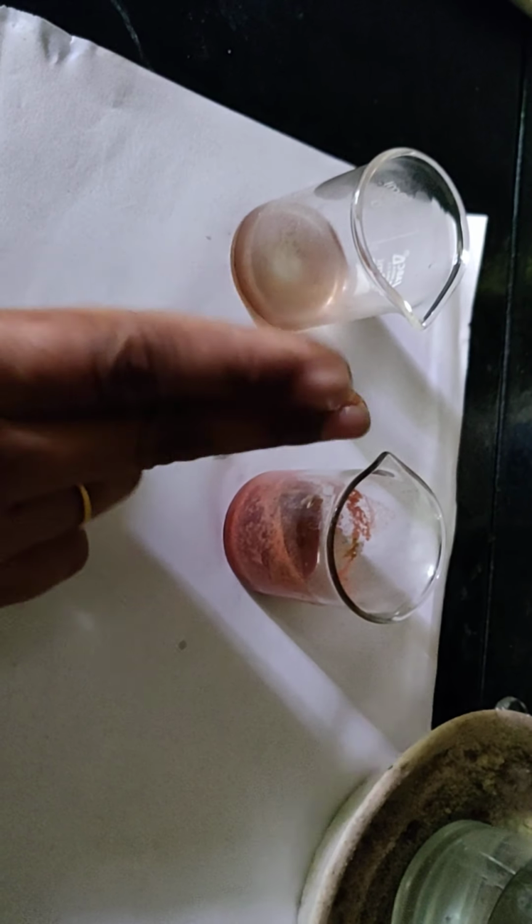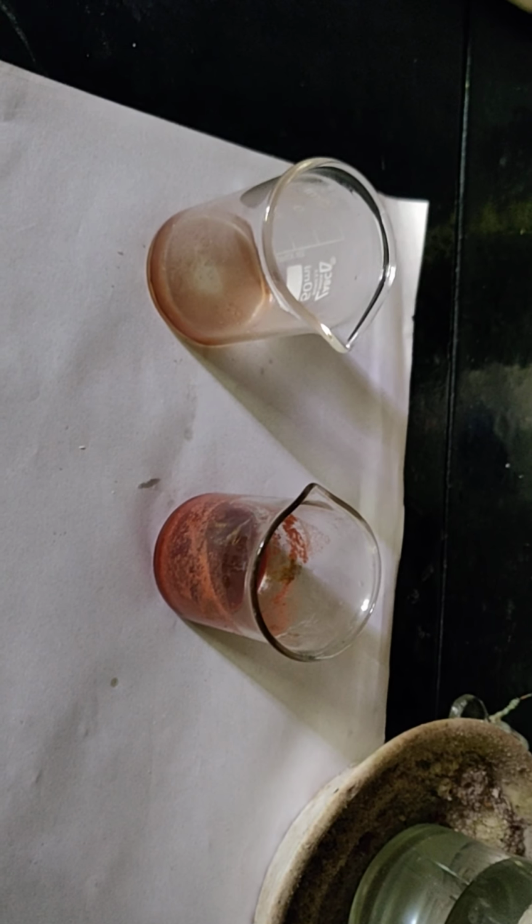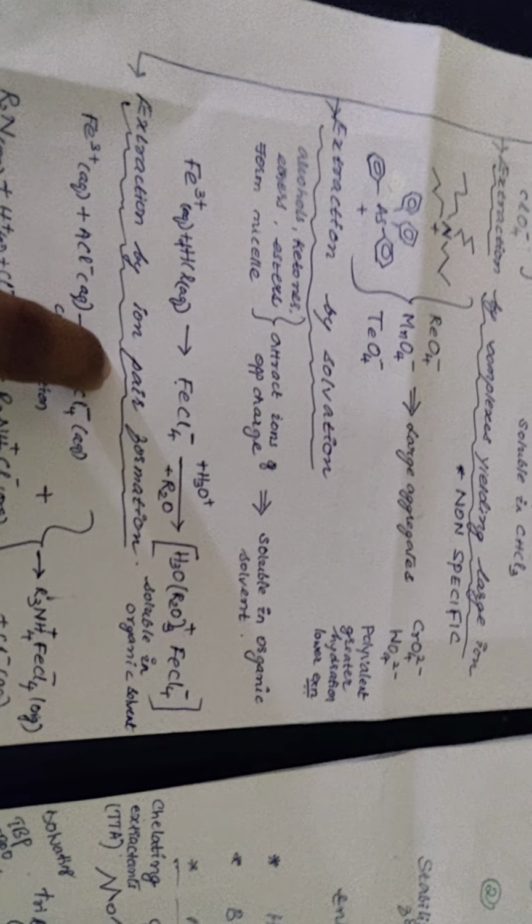I have shown you today a solid liquid mixture under basic conditions. Similarly, you can use other extractions. Previously we have seen in our videos, you can extract metal ions by chelation, by using larger ions, by solvation, or by ion pair formation.